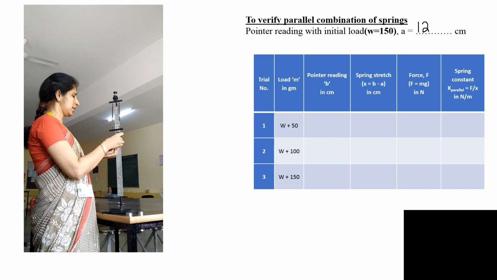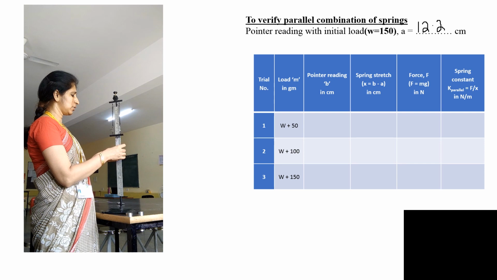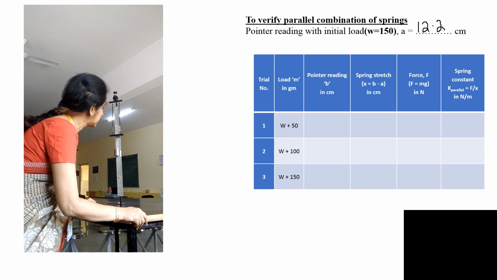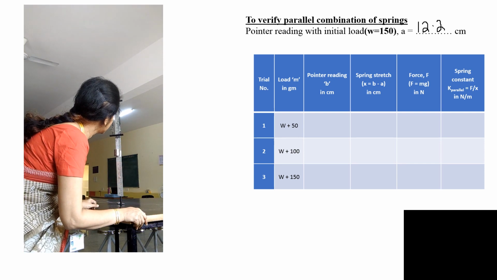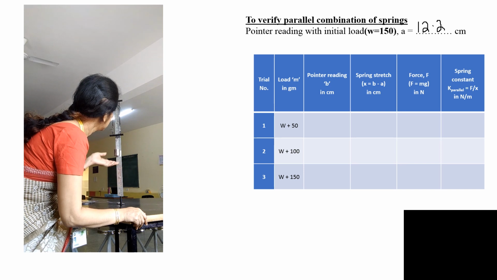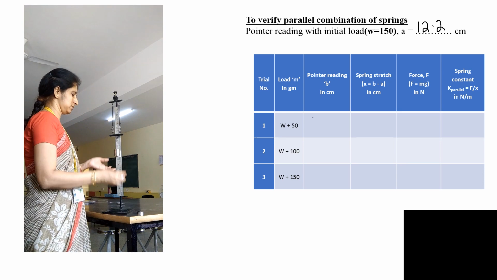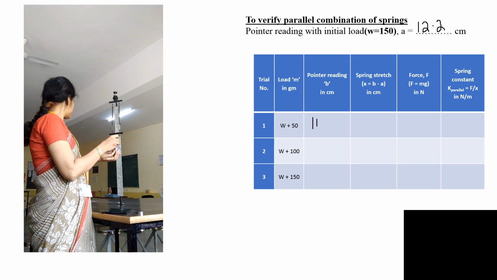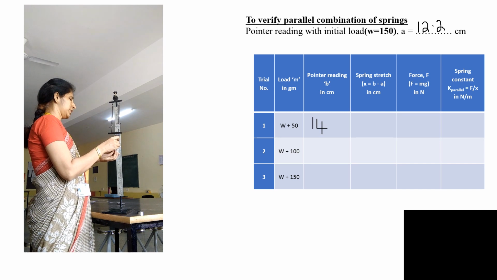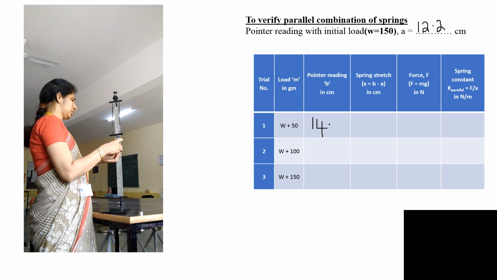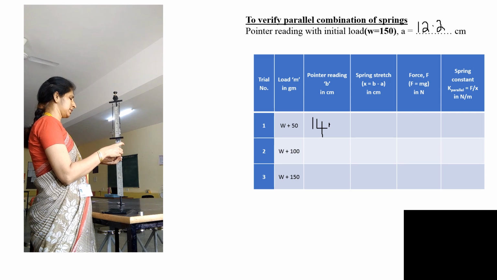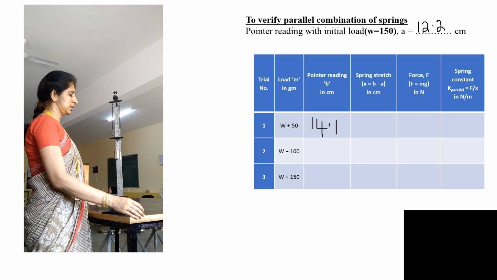Apply another 50 gram along with the dead load. The pointer reading appears at 14.1 centimeter. Now let me put another 50 gram, so the load applied is 100 gram along with the dead load.